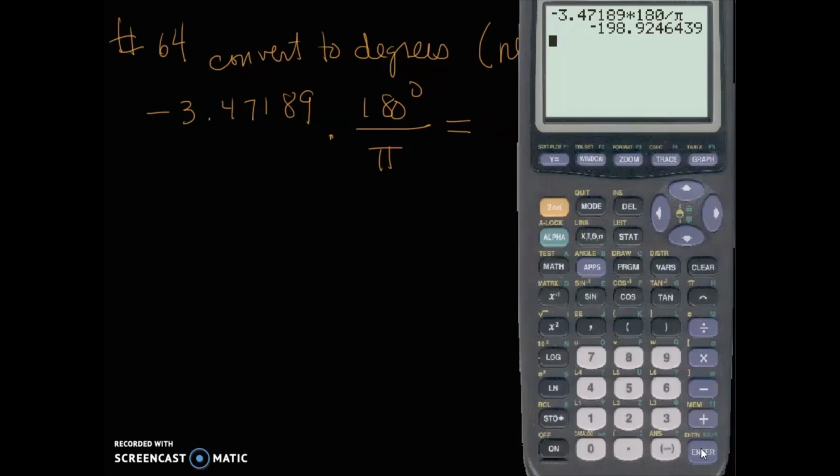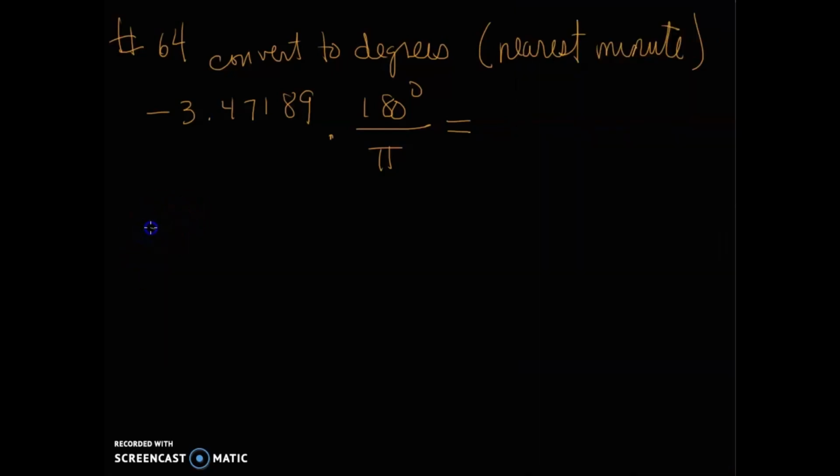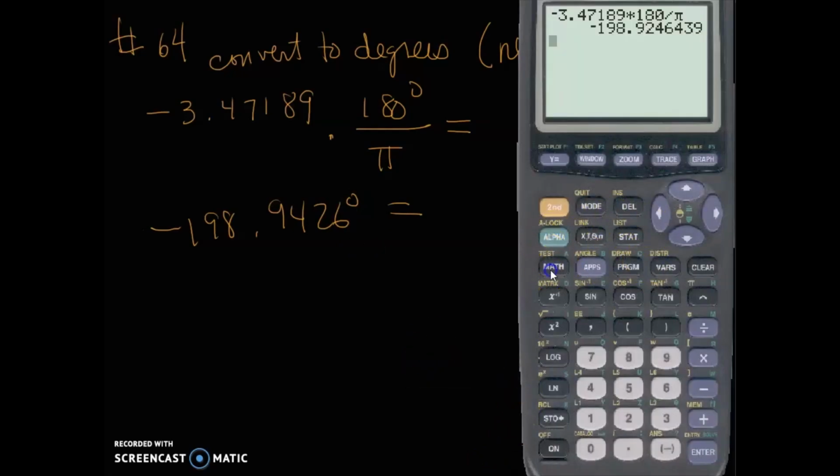Negative 198.9246... Negative 198.9426. But our calculator can do this. This is degrees, since I introduced that. Let's let our calculator do some of this work. So I'm going to convert this, in angles, second halves, to DMS, number 4. So I'm going to take that answer and convert it and get negative 198.55. They said nearest minute. So negative 198.55.